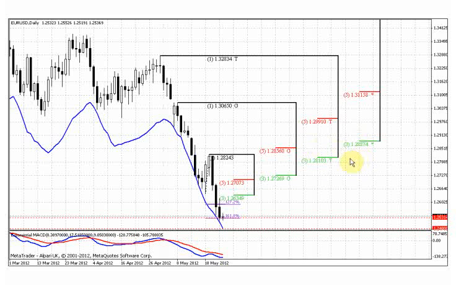So we could treat the whole area as the confluence resistance at 128.10 to 128.87. Also, you can see that this area includes the major 38% resistance level from the downward move on the daily time frame. That is a really significant area of resistance.